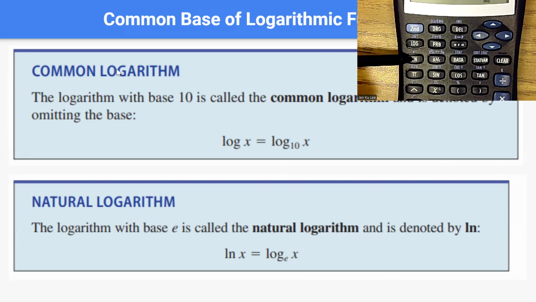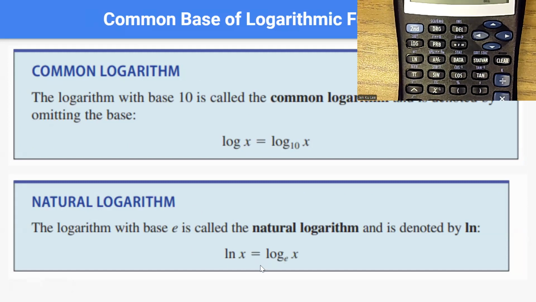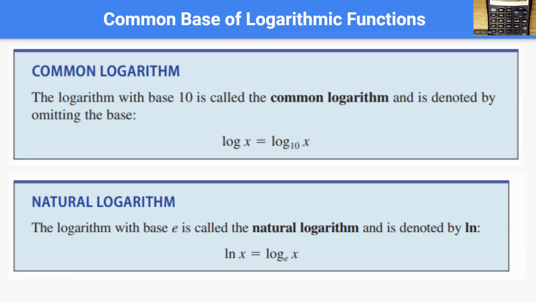The reason why that is, ln is just log base e. Okay? This rule right here. All right? So just know that they are inverses of each other. Okay?